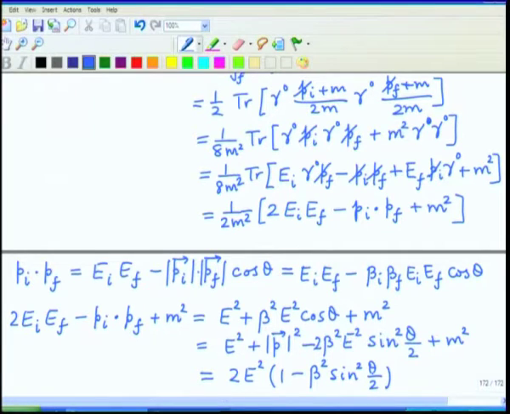So, in this form now everything is expressed in terms of the initial energy of the electron and the scattering angle.